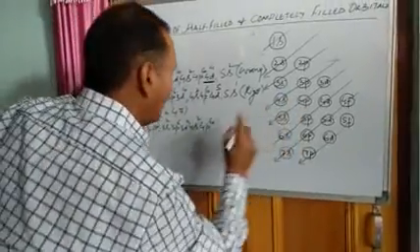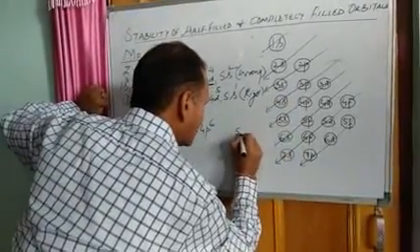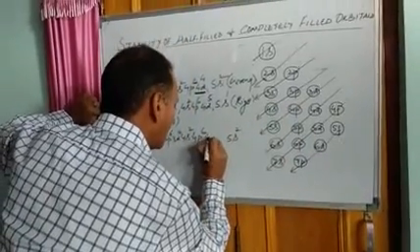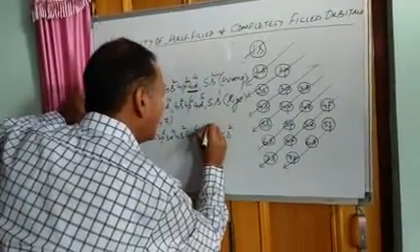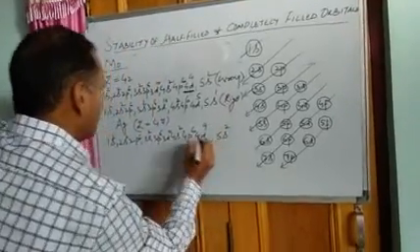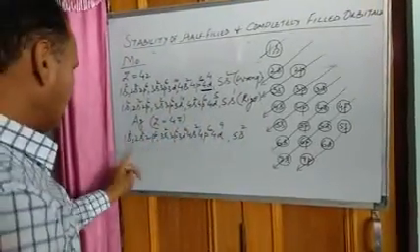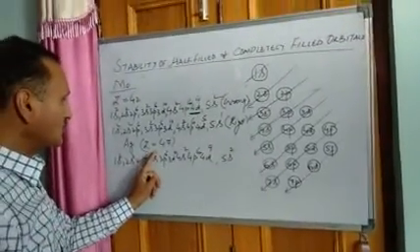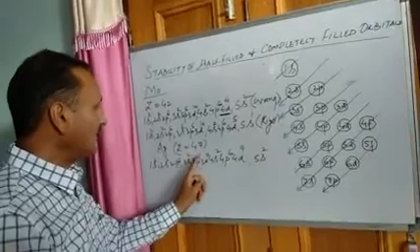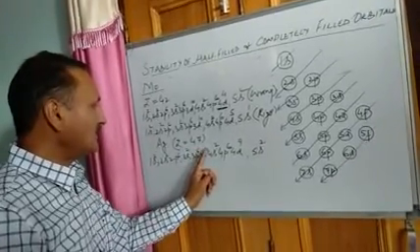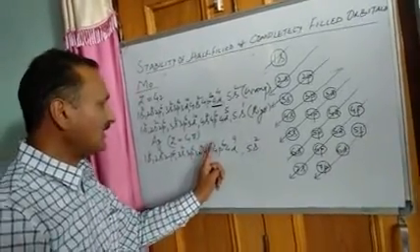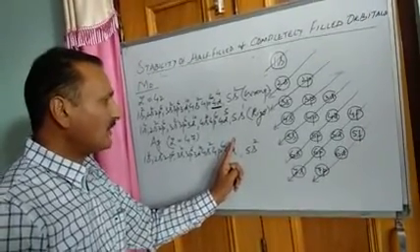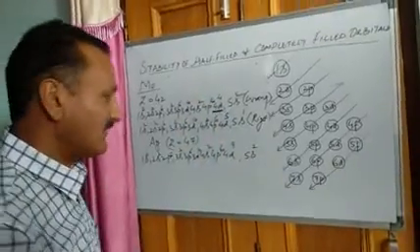After 4p, 5s, 5s2. After 5s, 4d, 4d9. I think I have got 47. Just count. 2 plus 2 is 4, 4 plus 6 is 10, 10 plus 2 is 12, 12 plus 6 is 18, 10, 28, 30, 36, 36 and 9 is 45, plus 2 is 47.